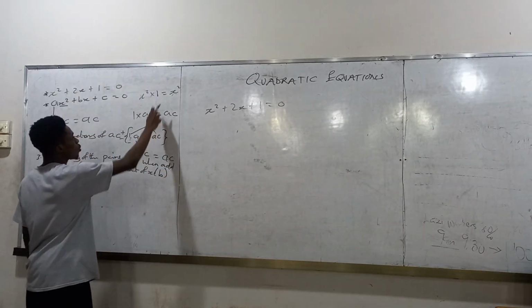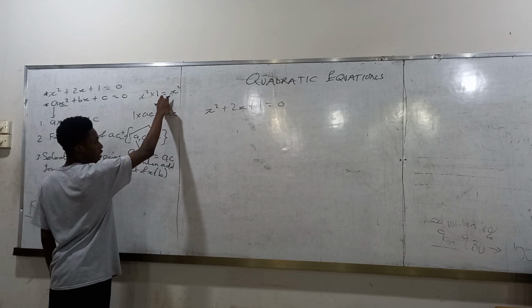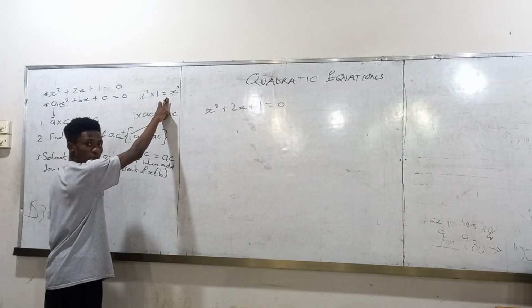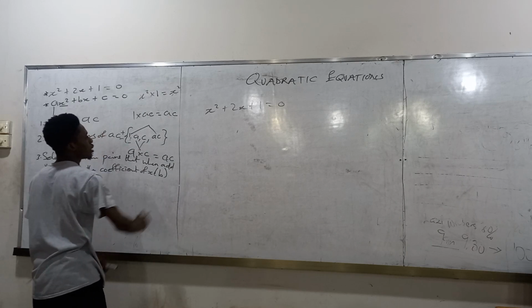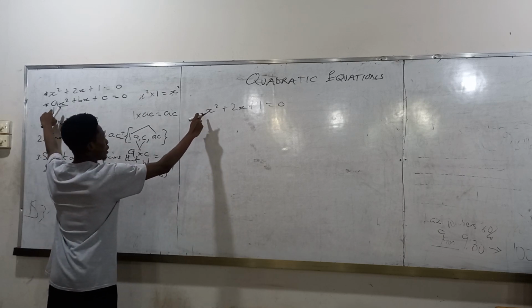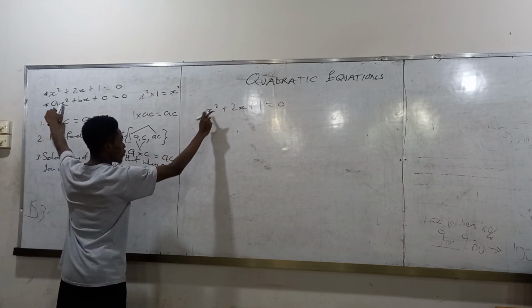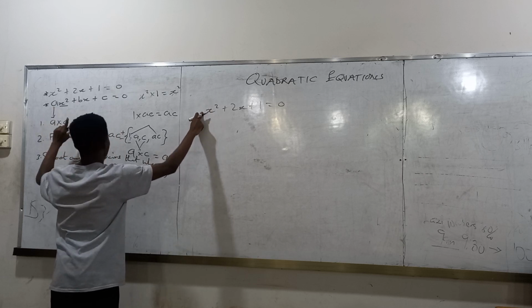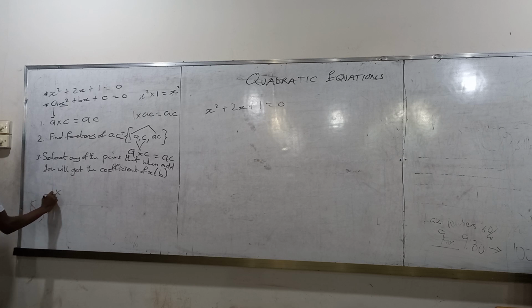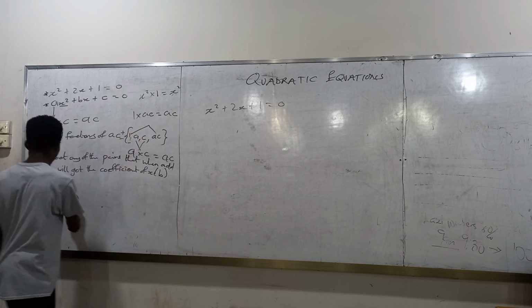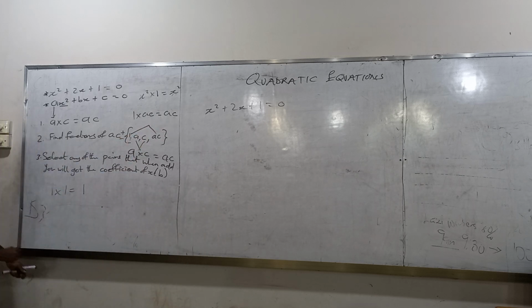So we assume there is a 1 in front of that x squared. The coefficient of x squared here, which is a, is 1. So we get 1 times the constant number, which is 1. So 1 times 1 is 1.